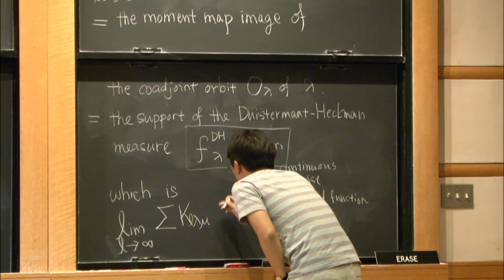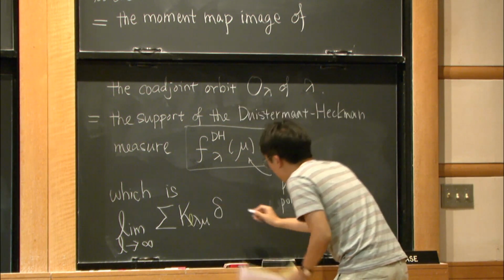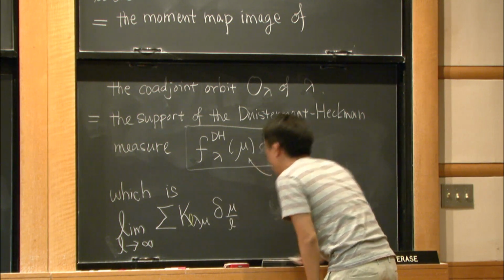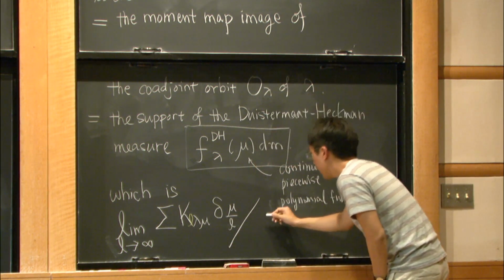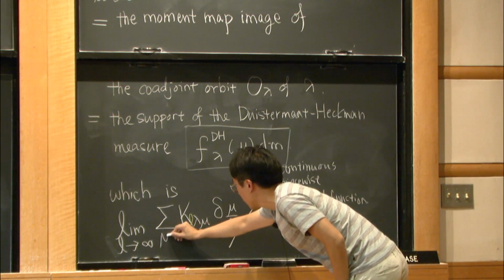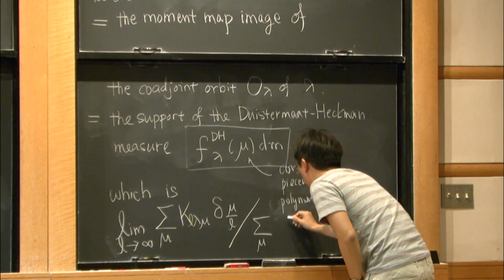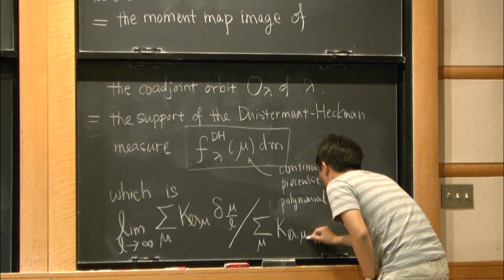And I put it with a Dirac delta measure placed at mu divided by L. And I normalize the whole thing so that it has unit mass. So it's the sum over mu, and I divide by the sum over mu of k(L lambda, mu).